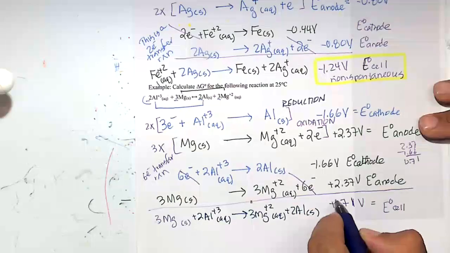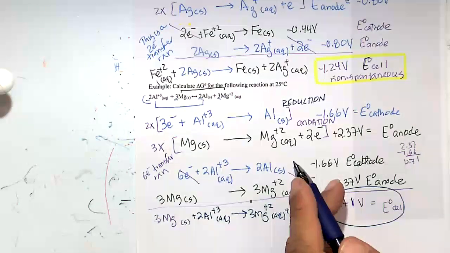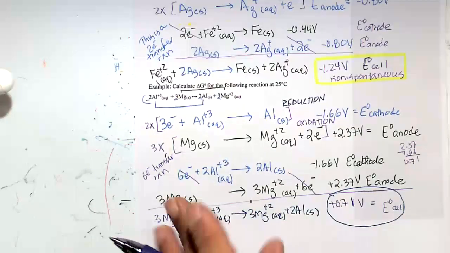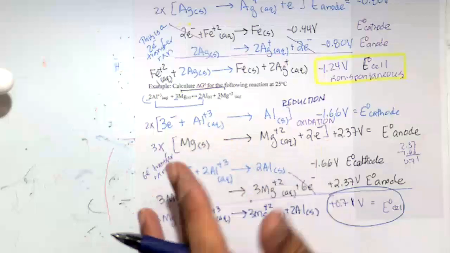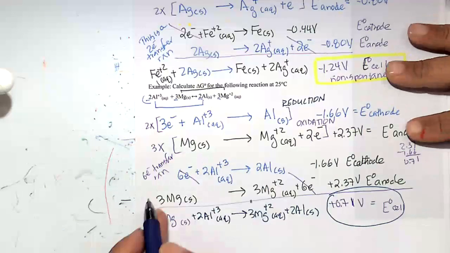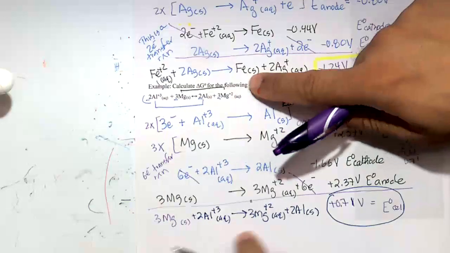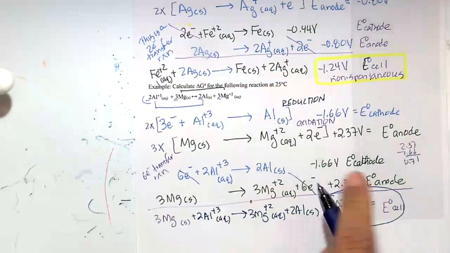As Susanna told us, we flipped the bottom and kept the top the same. This is exactly the same equation, but we got our 0.71 volts.